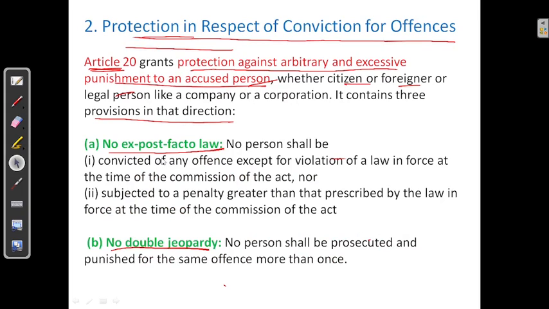Now let us see what is no ex post facto law. No person shall be convicted of any offence except for the violation of law in force at the time of the commission of that act.